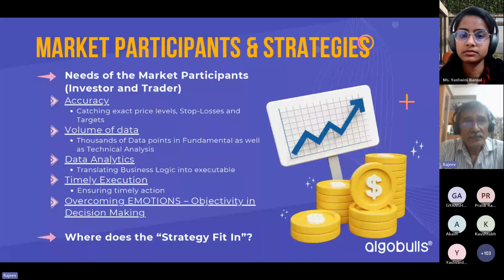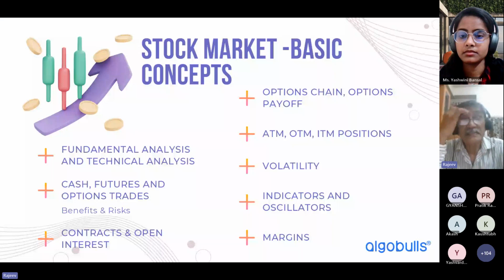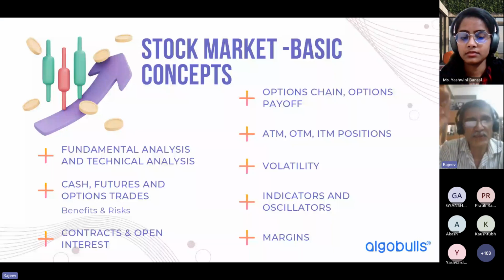So you may ask, where does the strategy fit in this? So the strategy fits in addressing all these needs. So before we see how strategy does that, let us first understand a few basic concepts about the stock market.